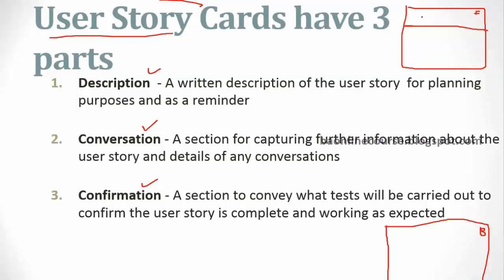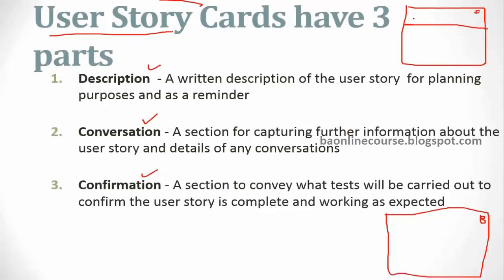The top part, usually the top 1/4 part, is used to define your requirement, right? Describe your requirement. It's basically a 2-3 liner write-up, which tells who is the person using it, what he is trying to achieve, and what is the benefit he would get.